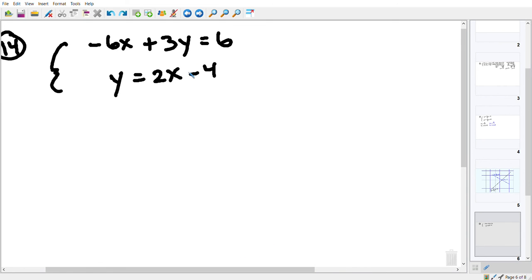On line 2, it says y equals. So we're going to keep it as y equals and circle the 2x subtract 4. Go ahead and draw your arrow to the other line at the location for the y, because it says y equals.